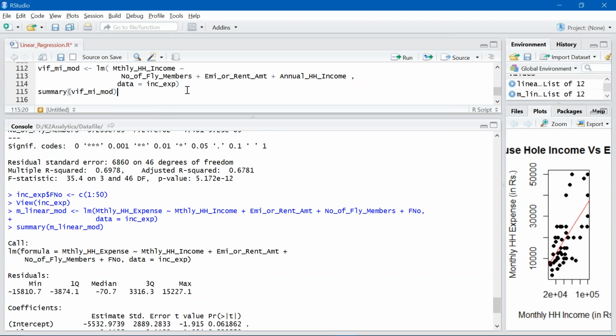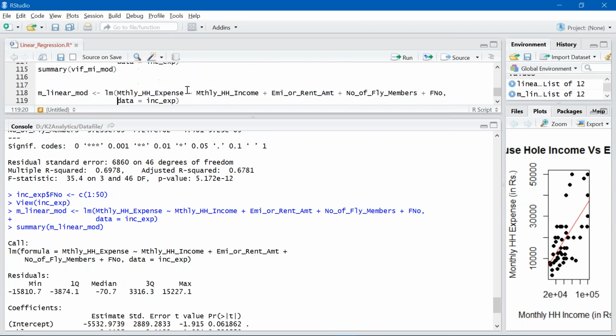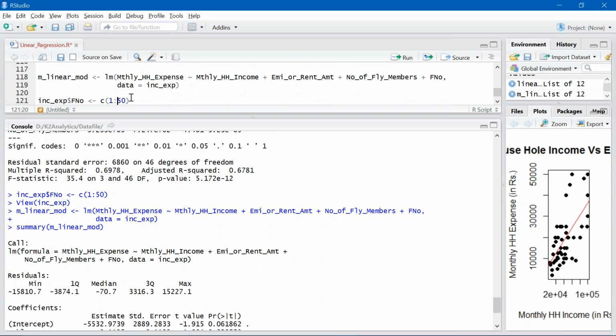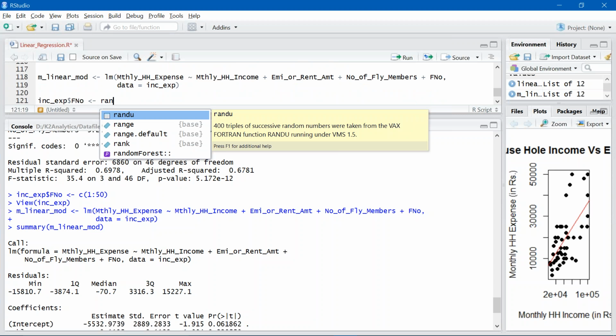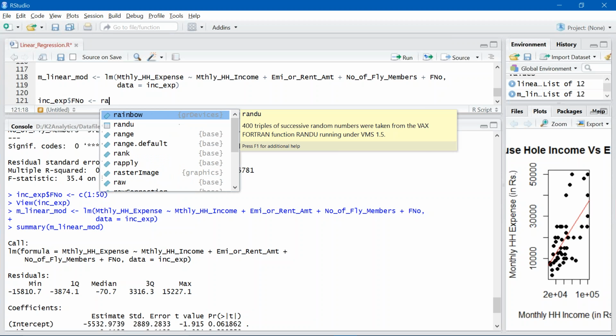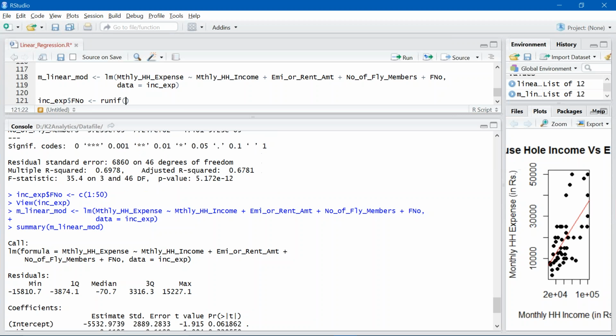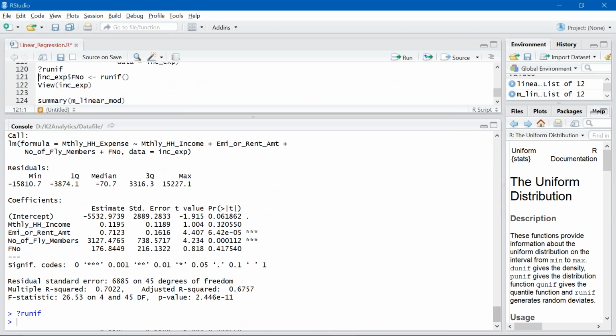I'll add another variable. Let me add random numbers, runif, right? Let me just understand this function. What are the parameters to be passed?